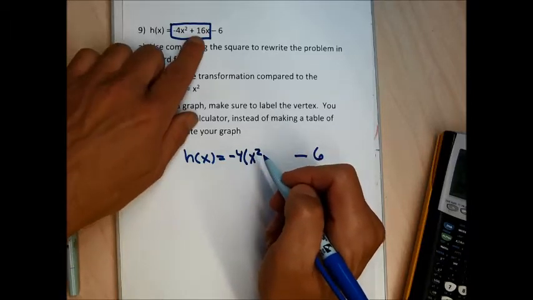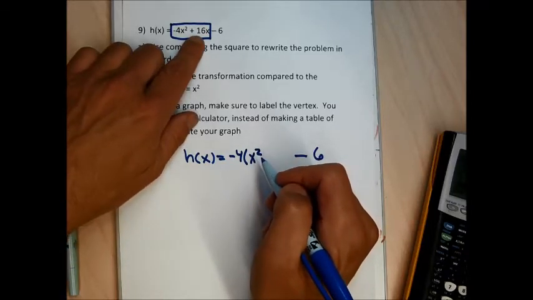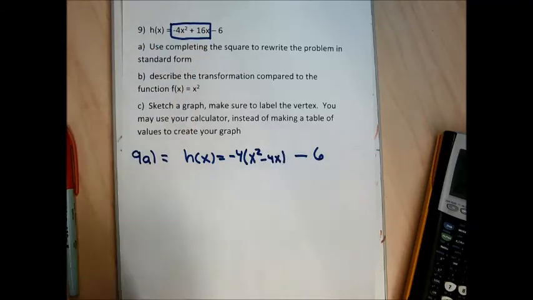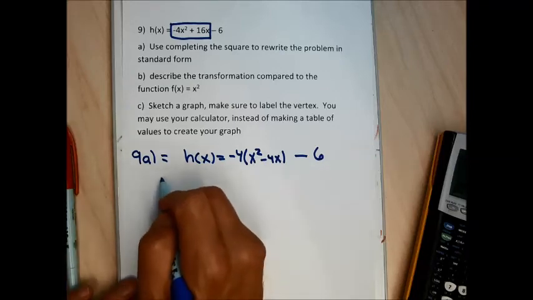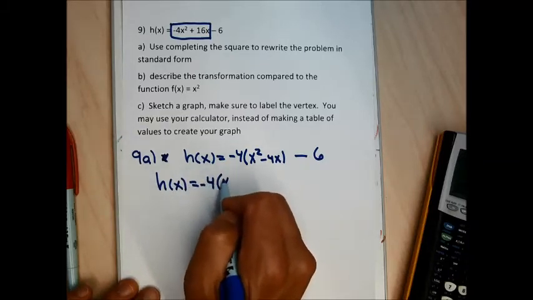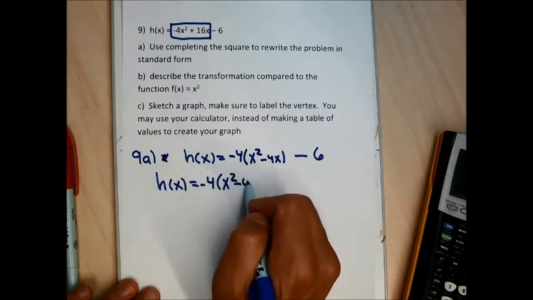And when I take a negative 4 from that, I divide that by 4 and switch the sign and get minus 4x. So first step in using completing the square to rewrite a problem, if there's a number in front of the x squared, is to factor that number out. And this messes everything up when it comes to adding and subtracting c.